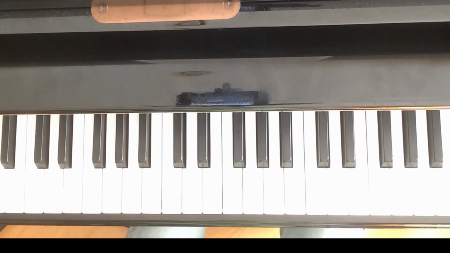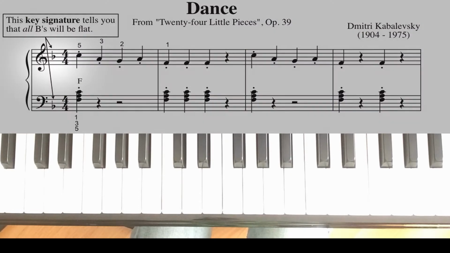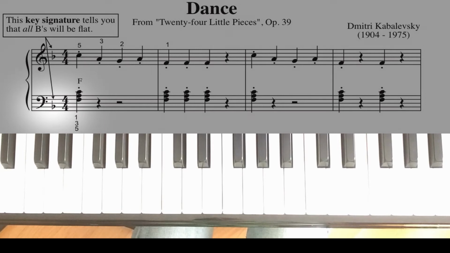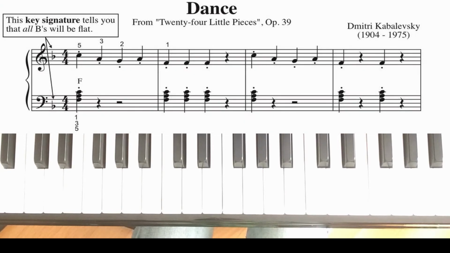All right, so in this lesson I want to talk about key signatures, so I'll go ahead and read what's on top of the page. Notice a flat sign after the clef on every staff below. This is called a key signature. A key signature is a convenient way to tell you which notes will be sharp or flat throughout the piece, thereby making it unnecessary to place accidentals on each of those notes.